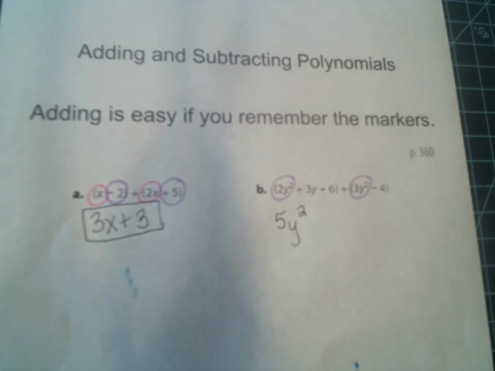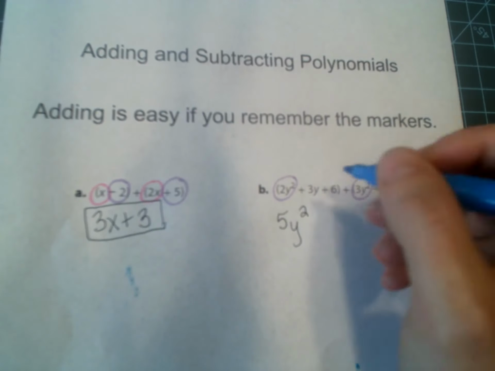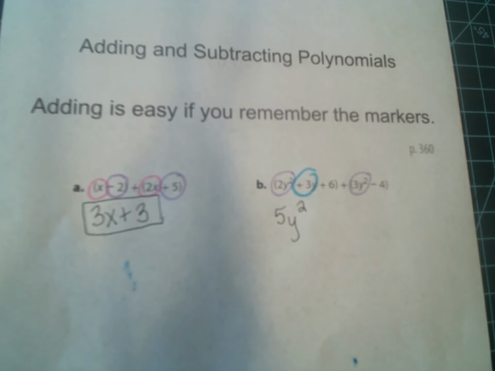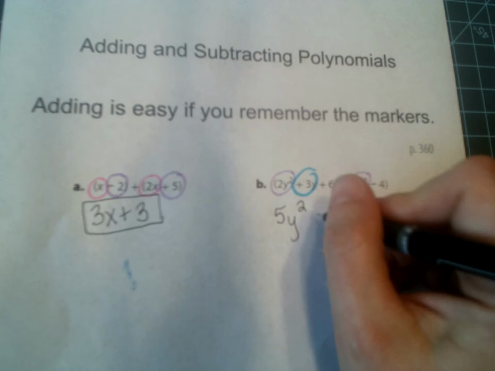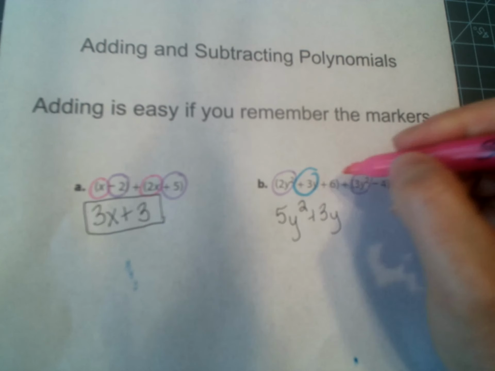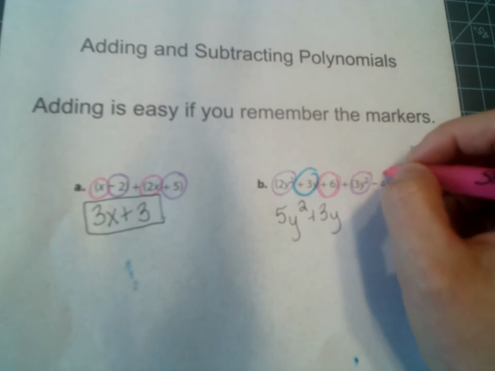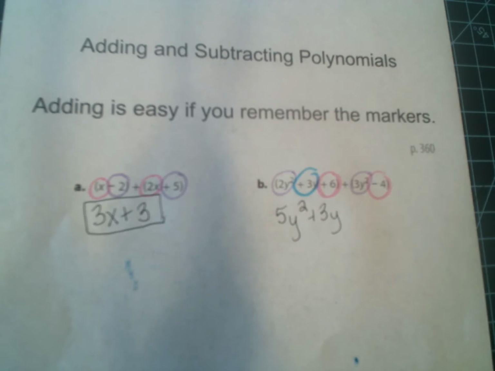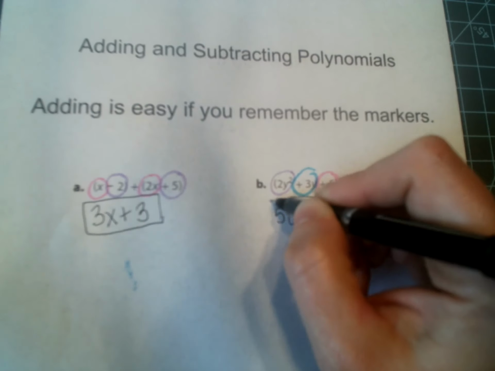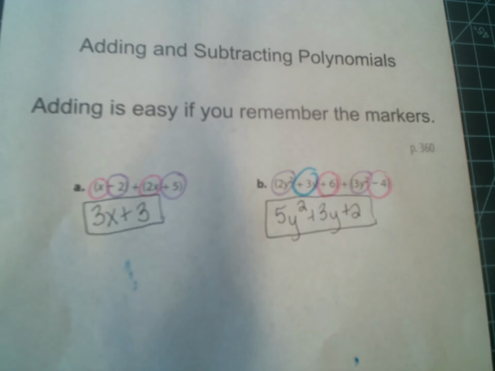There's nothing like 3y, so I'm just going to bring it down into my answer. And finally, we'll have these two constant terms. 6 plus negative 4 leaves me a positive 2. Now, I'm going to let you guys do C and D on page 360.